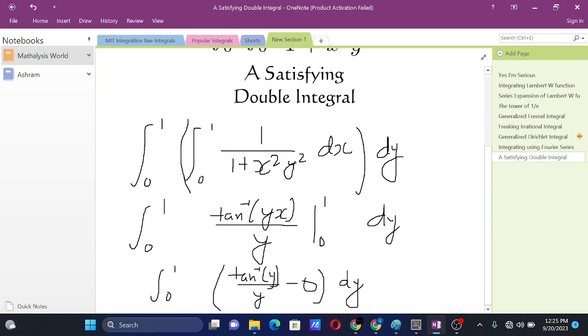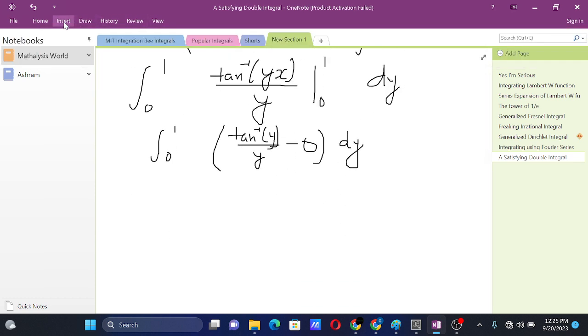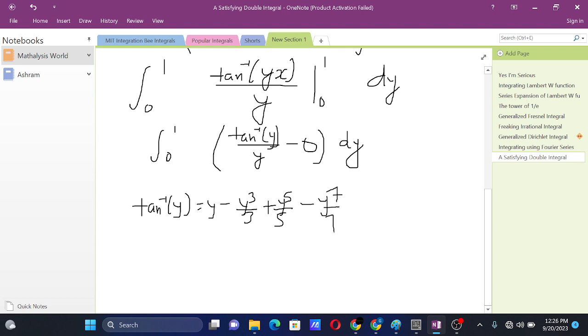Now we see that we can use some series expansion for tan inverse y to compute this integral, and we know that the series expansion for tan inverse y is y minus y cubed by 3 plus y to the power 5 by 5 minus y to the power 7 by 7, and so on.